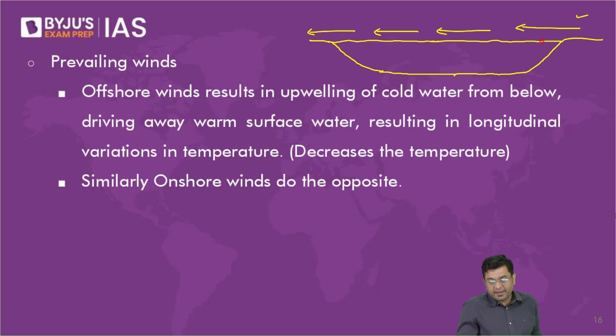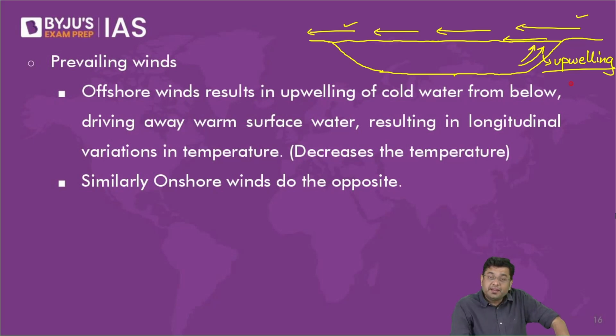Let's suppose you have the land region somewhat like this, and here you have the water body. Now, if the winds are blowing like this, land to sea, that is offshore.